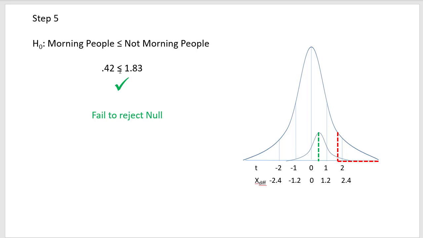Is 0.42 less than or equal to 1.83, which is our cutoff score? It is less than 1.83, which means that this statement checks out, which means that we fail to reject the null hypothesis. And this is in agreement with our graphical representation of where our mean falls on our comparison distribution.